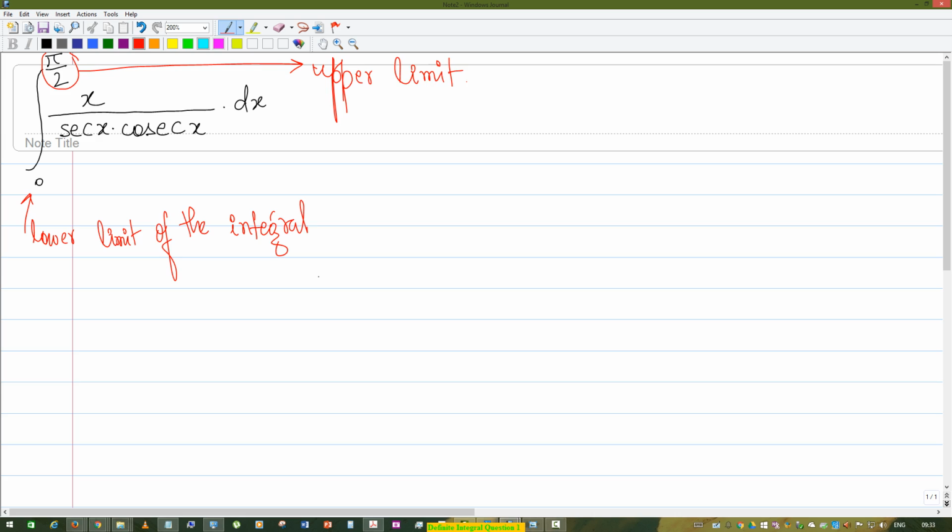And this particular expression is the integrand, and dx is the differential coefficient.